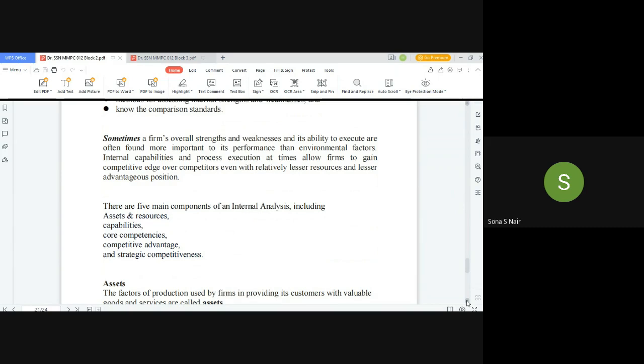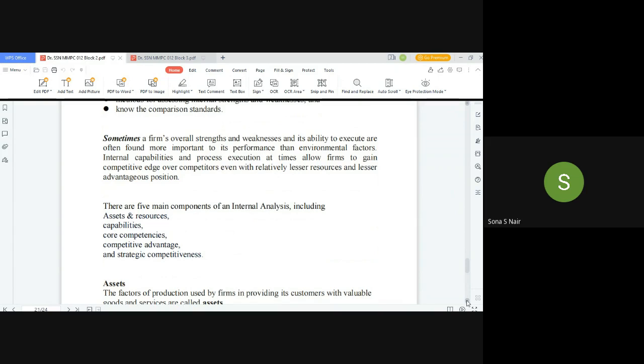So internal analysis obviously talks of looking at these 5 components which form a part of the internal environment of the firm and which help the organization survive and meet the external environmental factors.